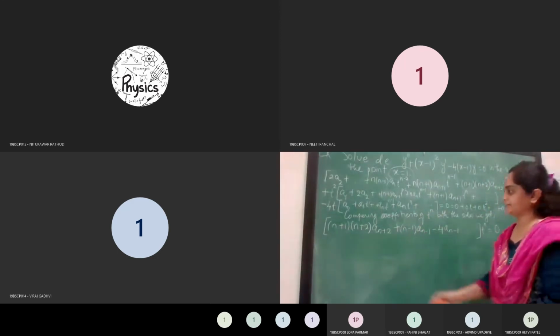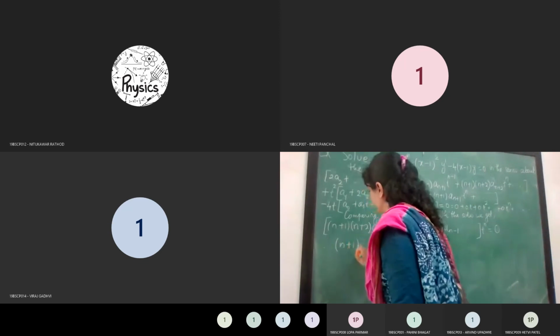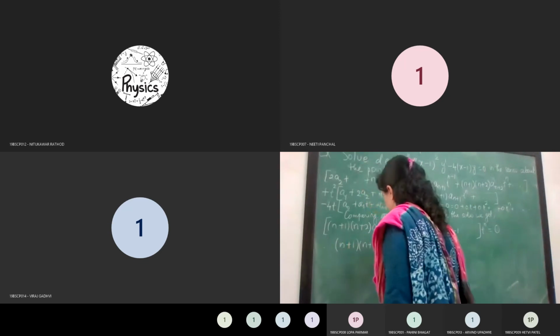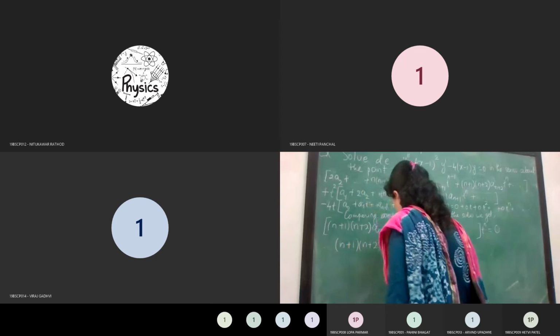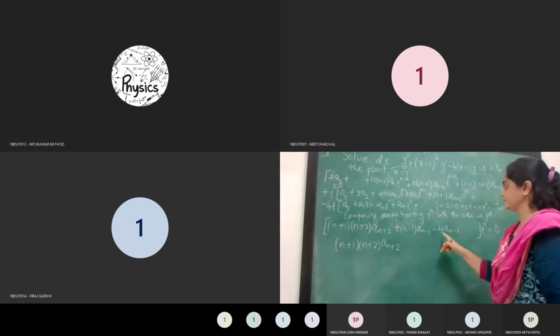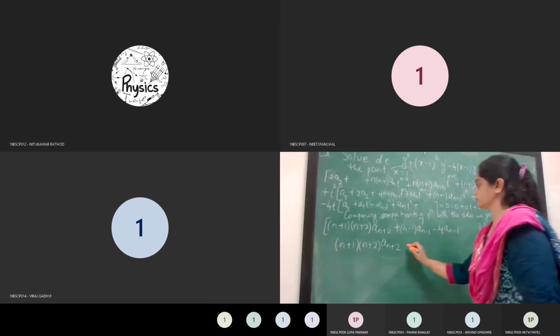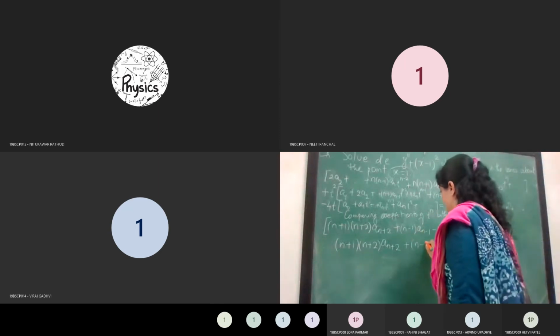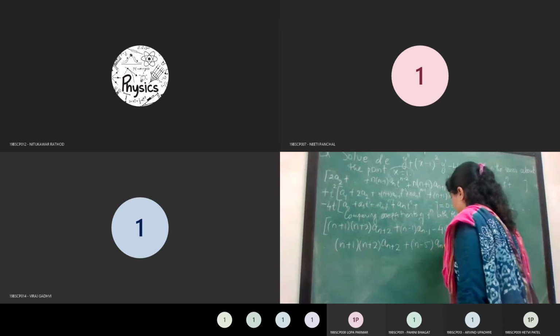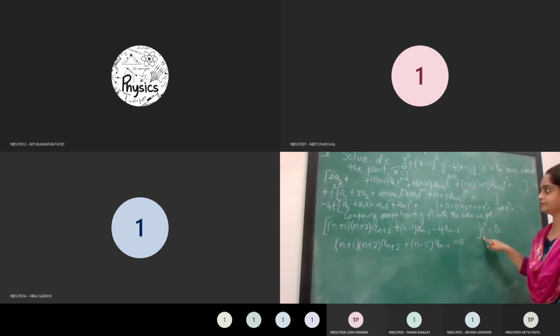So let us simplify this. The simplification will be: n plus 1, n plus 2, a_{n+2}, and n minus 1 is common for this one. So what will it be? n minus 1 minus 4, so it is n minus 5, a_{n-1} is equal to 0 because t is not 0.